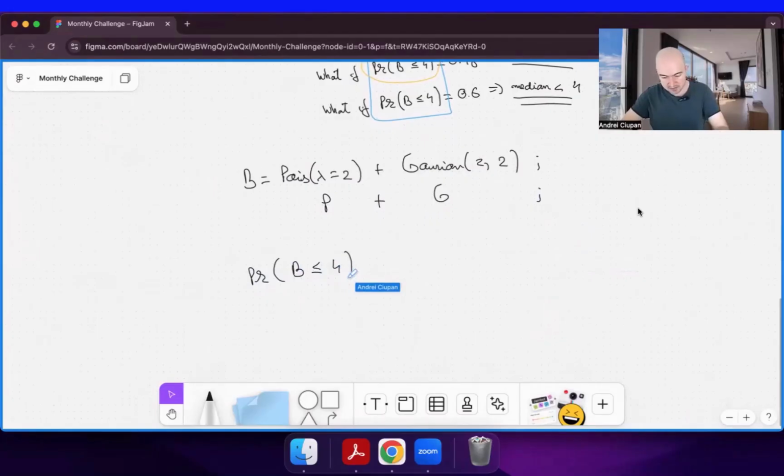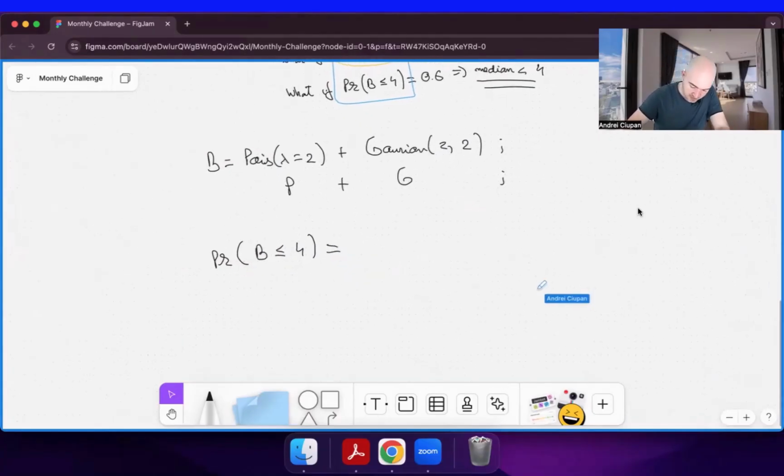The wonderful thing, the very nice thing, is that our Poisson can only take discrete values. So we can evaluate this probability depending on the values of P. For example, in order for B to be less than or equal to 4, if P is equal to 0, then we need to have the Gaussian less than or equal to 4.